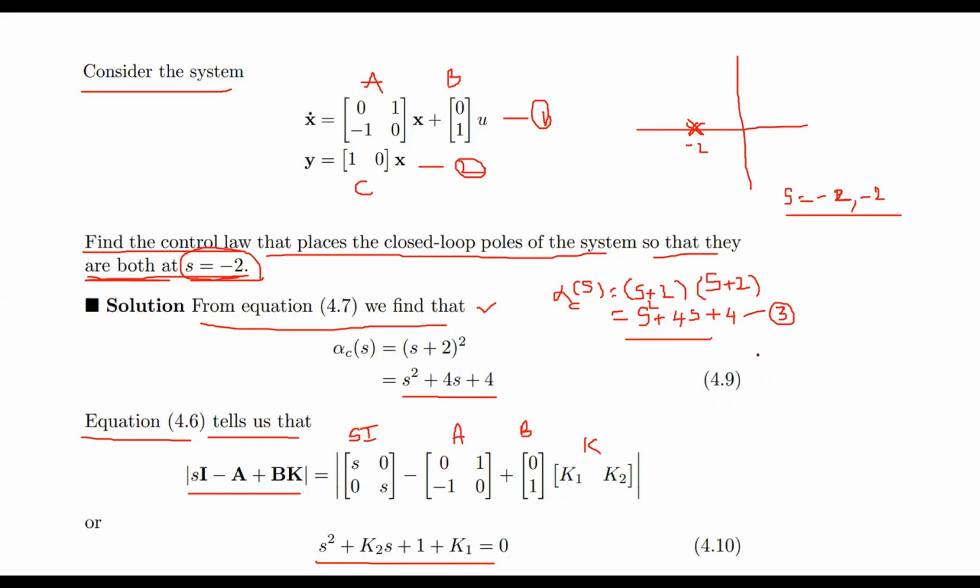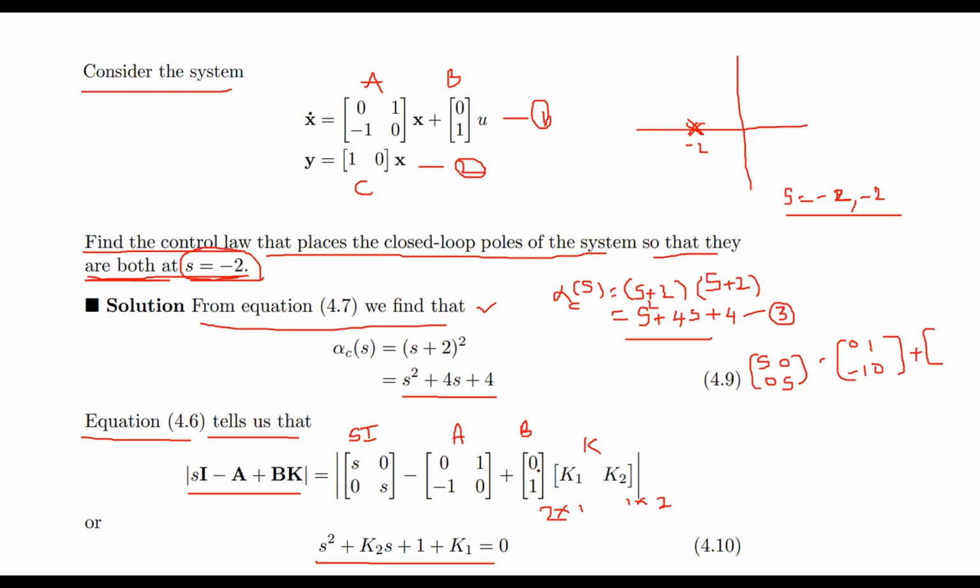Here the first one is s0, this is s0, minus 0, plus a 2 by 2 matrix, because it is 2 by 1 times 1 by 2. So the 1 gets cancelled, and this product will give a 2 by 2 matrix.